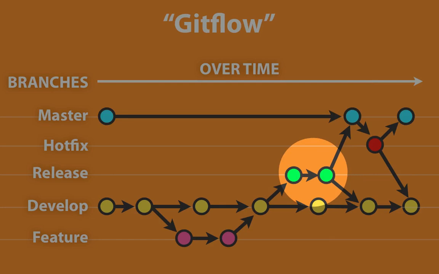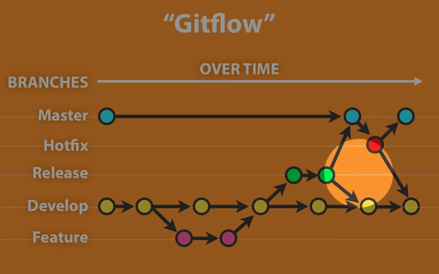Well, this release is actually complete. We pushed it to master, tagged it with a particular release version, pushed those changes back to the development environment, and then deleted the release branch because we're no longer going to make any modifications to it. Any bugs we find now on the master branch are going to have to be fixed in a new release.